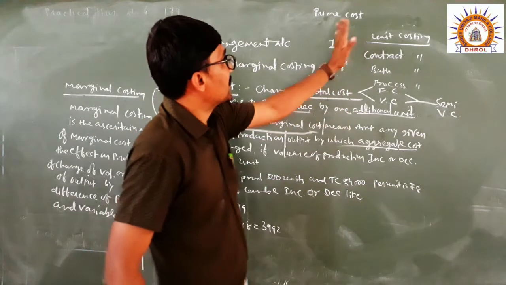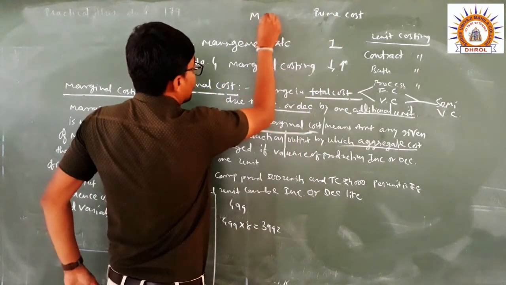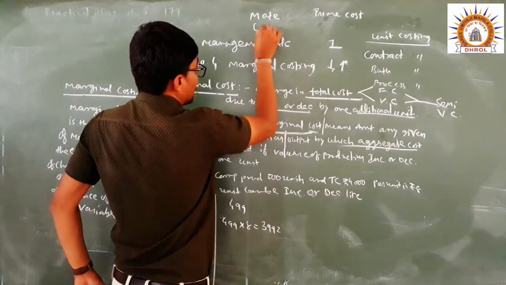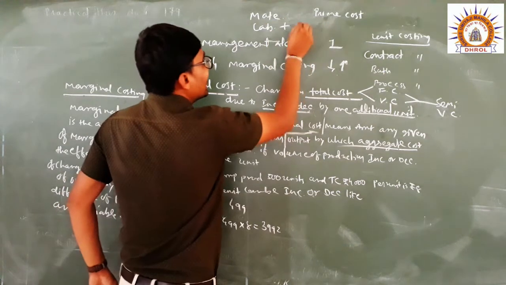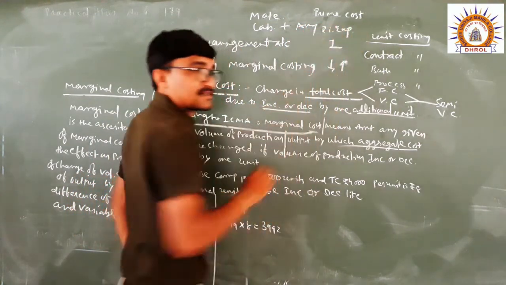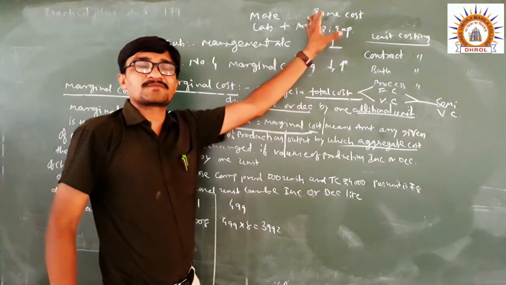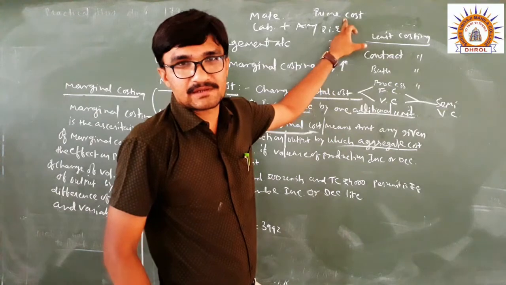So there is a prime cost. Then the material, meaning the raw material, then labor, and in addition to that, any direct expenses. Make the total of all of that, and then you can get the prime cost.